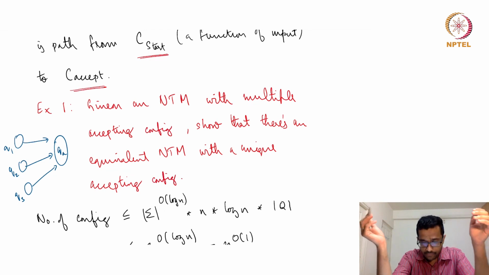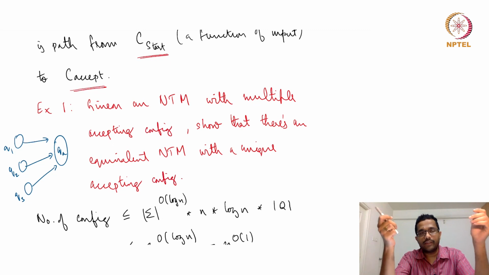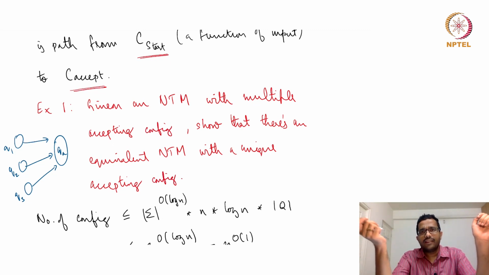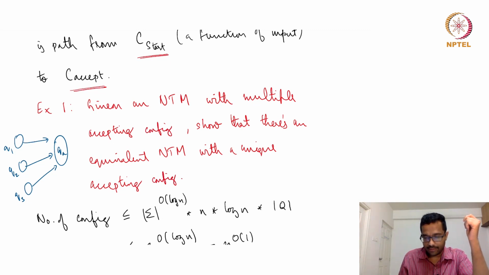Because the tape contents are different and the head positions are different. So we could program the Turing machine to erase the tape content and move the head all the way back to the leftmost position, and the accept or reject should happen only after that. Again, this is a bit of Turing machine detail which you can verify easily. Once you do that, there will be a unique accepting configuration.